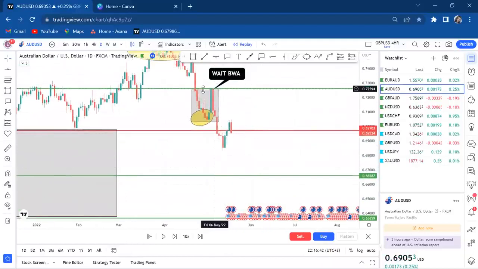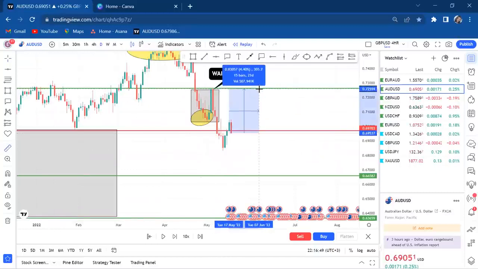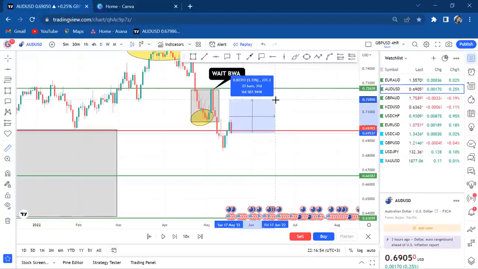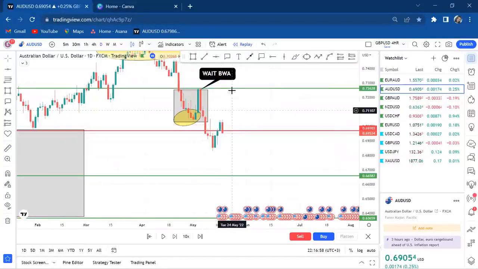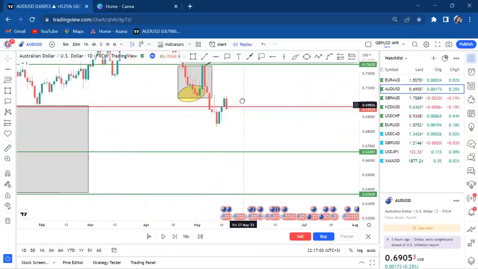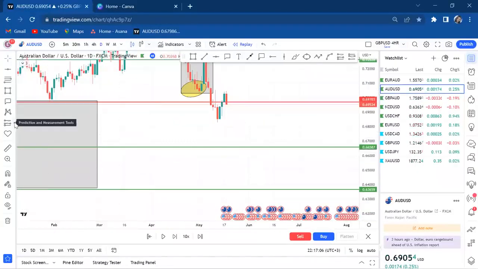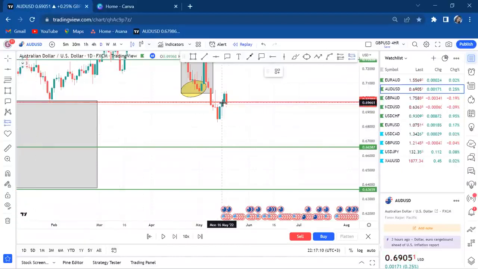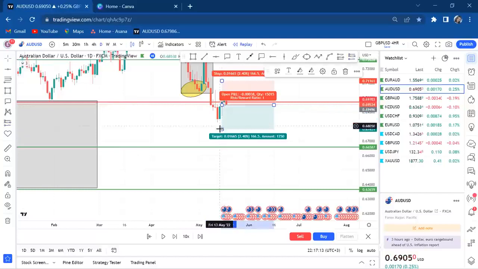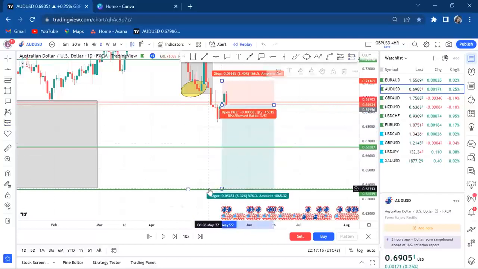Because I can anticipate the market can come back to maybe retest this zone, it can come back 305 pips. So what I can do is put a sell limit, and then I enter sell so that I can target the market from up there all the way down.